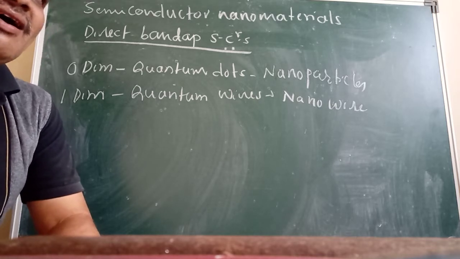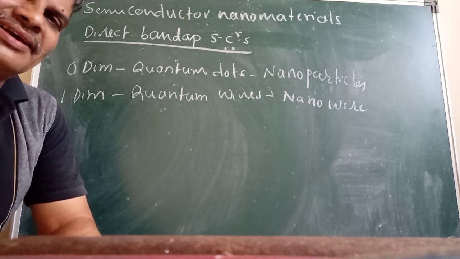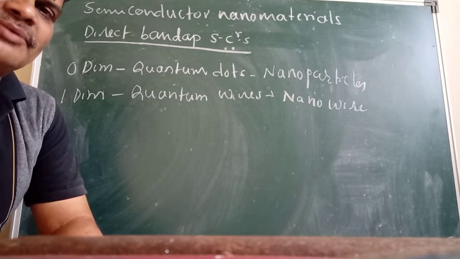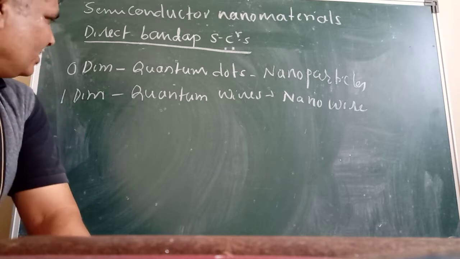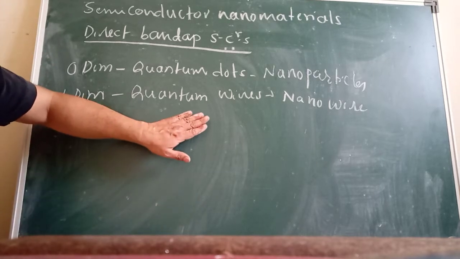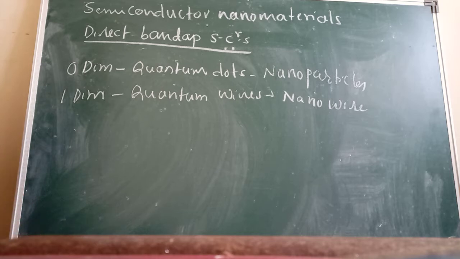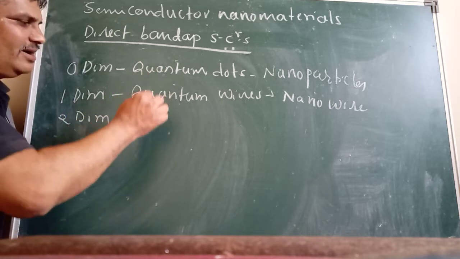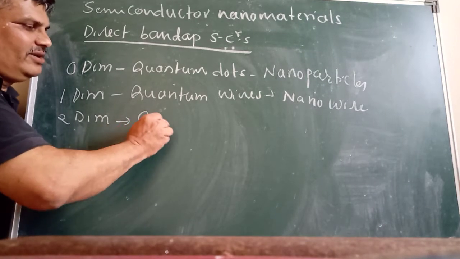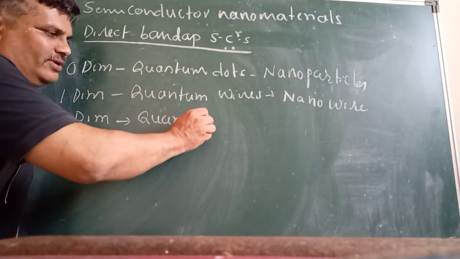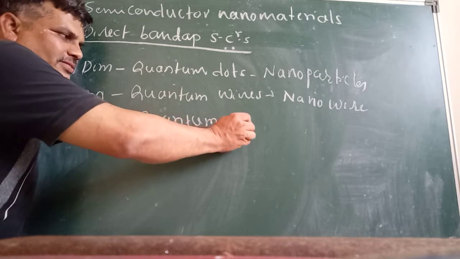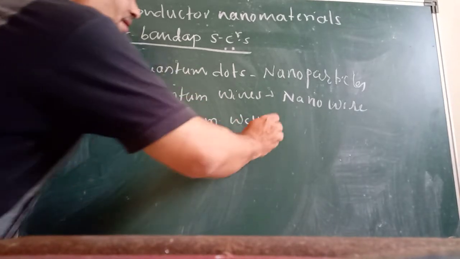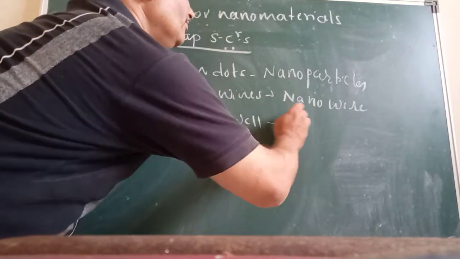Usually, in all types of nanomaterials, whether metallic, semiconductor, or insulating, we get quantum dots, quantum wires, and another one, the two-dimensional nanomaterial, that is the quantum wells. The example for the quantum well is a thin film.